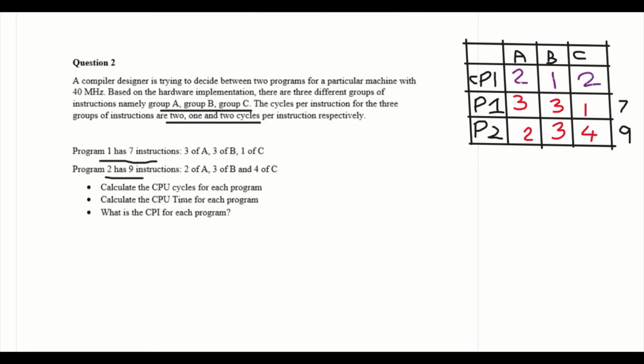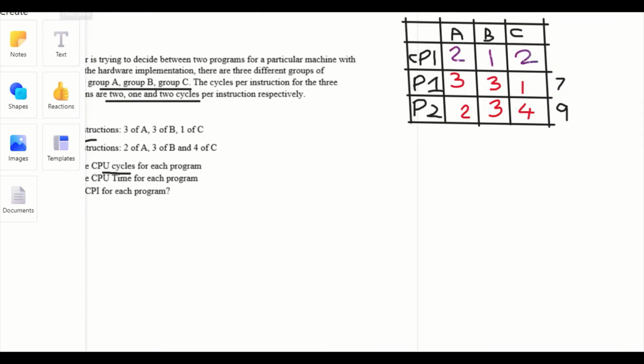Now the question says calculate the CPU cycles. How to calculate that? Sum of CPI times count. You remember the formula? We are going to calculate the cycles for program 1 with the same formula, CPI times count.